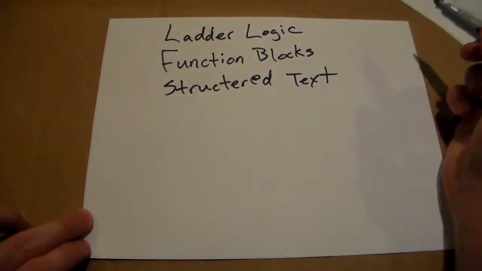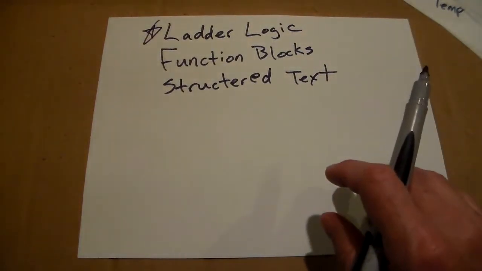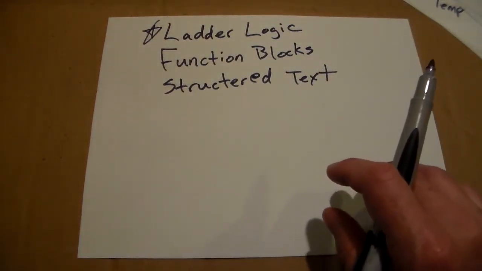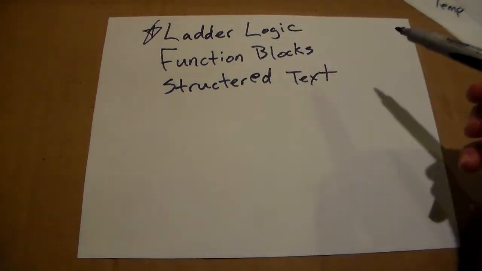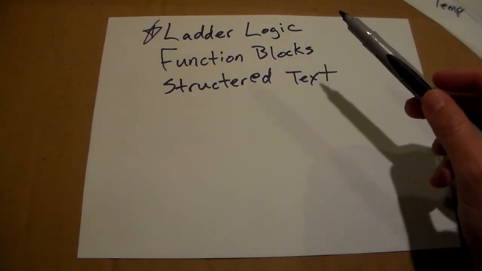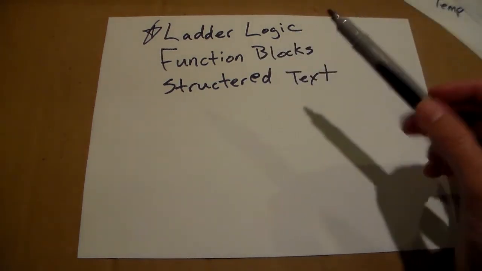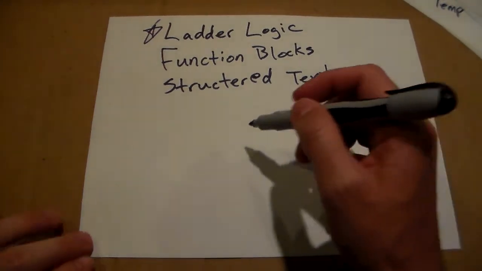But this is the one that we're going to focus on because it's the most common that I've seen, and it's really a great place to start. So it's kind of graphical. You don't have to worry about the syntax or anything like that. And it's easy to read a simple program, and it's easy to write a simple program with that. So let's start talking about ladder logic.